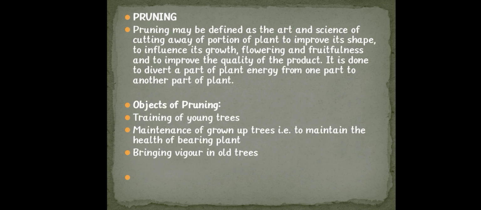Then next, what is pruning? It's another concept. Pruning is the art and science of cutting away a portion of a plant to improve its shape, to influence its growth, flowering and fruitfulness, and to improve the quality of the product.